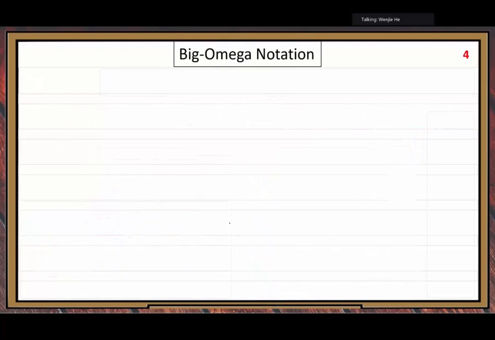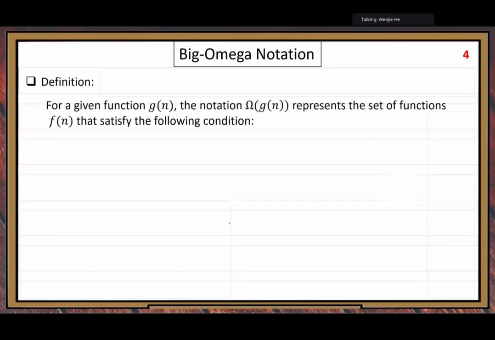All right. Second one, big omega notation. This is our fifth asymptotic notation: 1, 2, 3, 4, 5. Number 5, asymptotic big omega. We learned the little omega before. This time, we need to use the big omega notation.